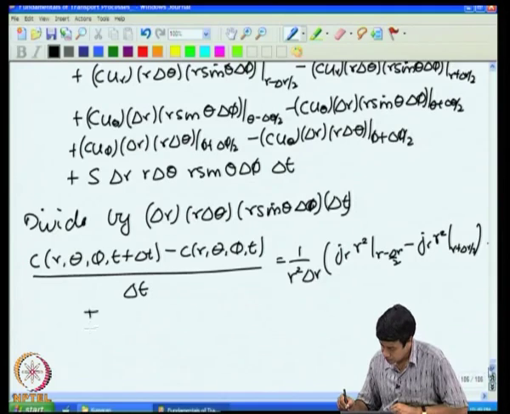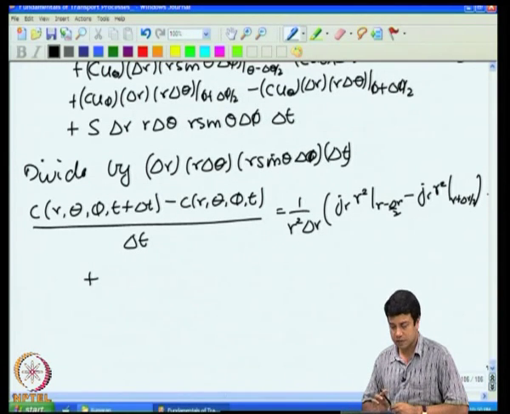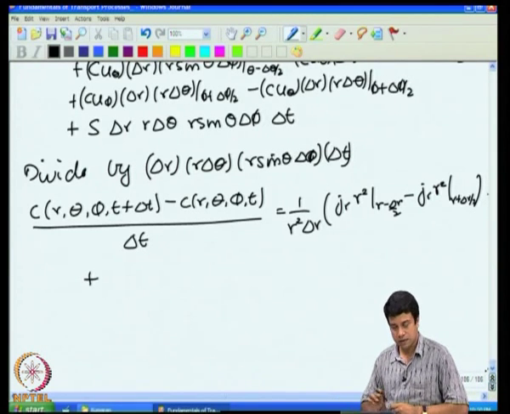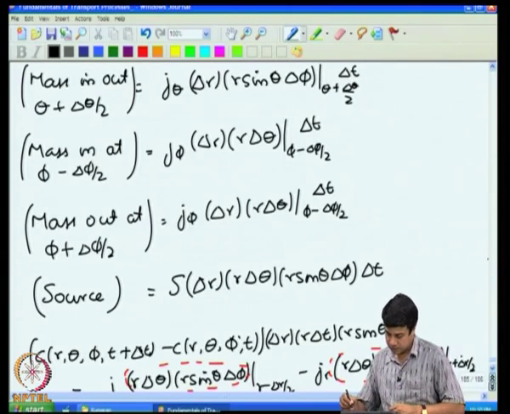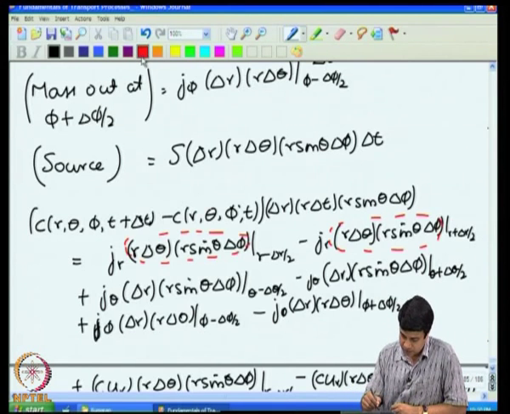In the theta direction, the surface area goes as delta r times r sin theta delta phi. Okay.